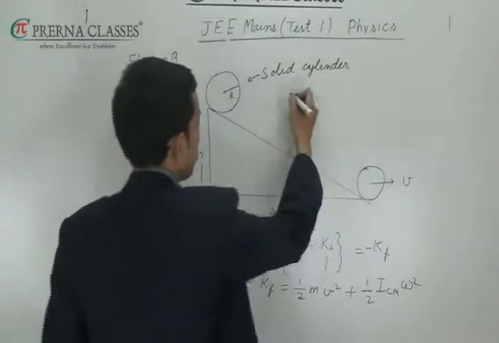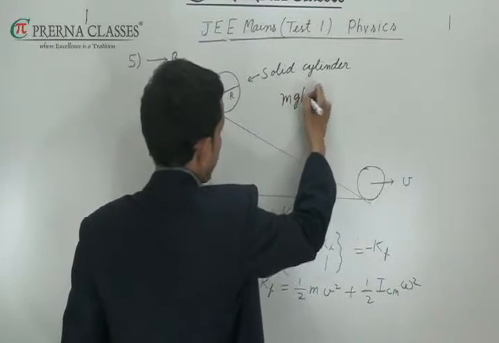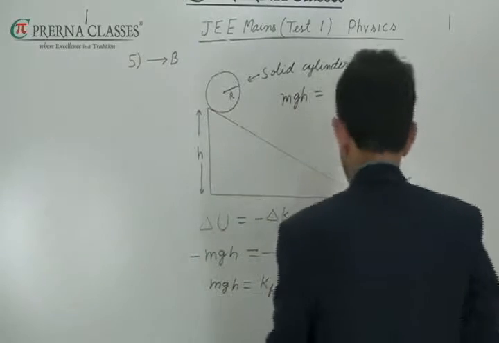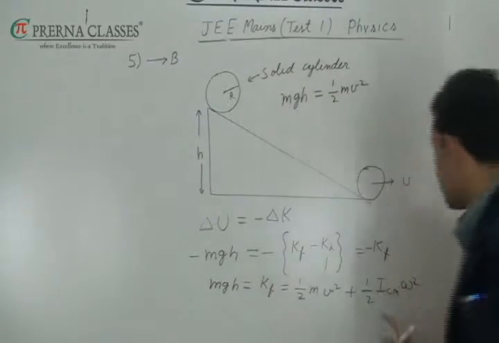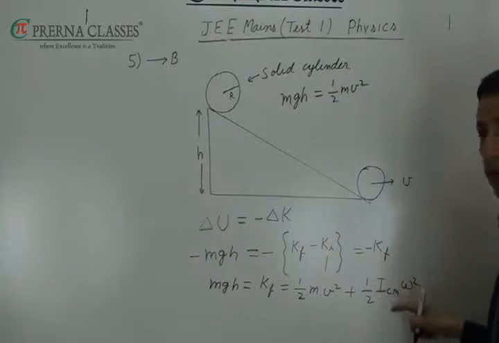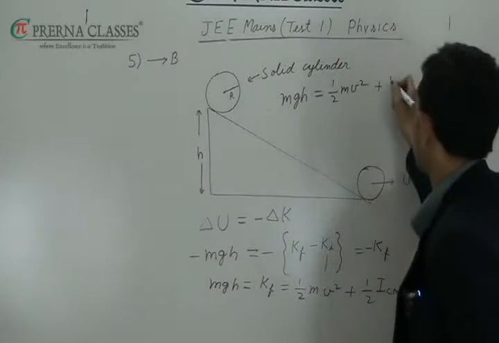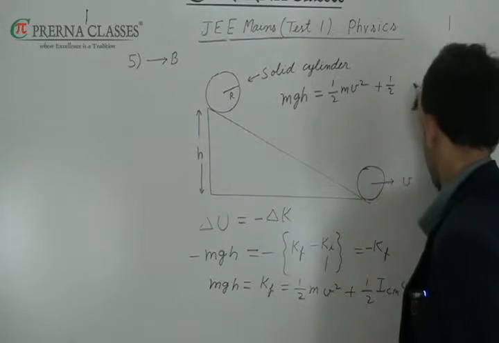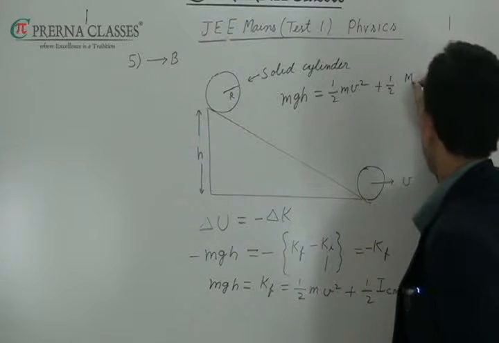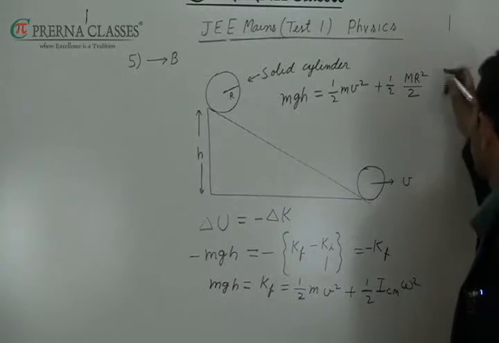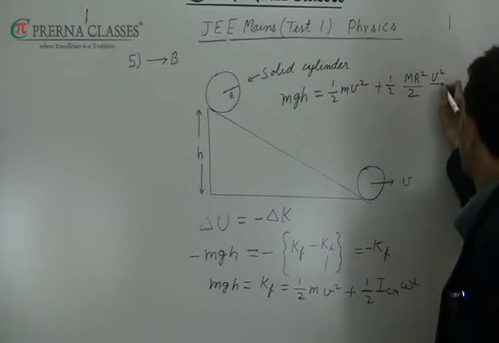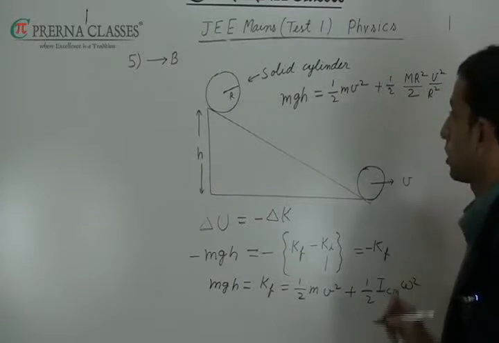Now if we solve it, we are going to get mgh equal to half mv square plus I cm for a solid cylinder, which is m r square by 2, and omega for pure rolling we can write v square by r square.